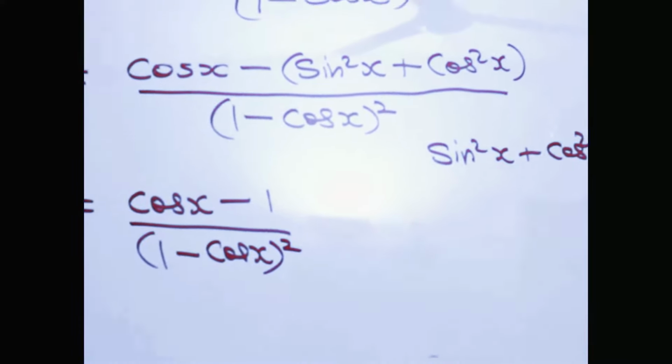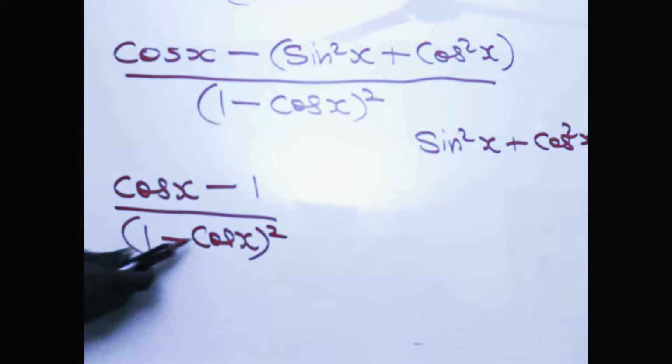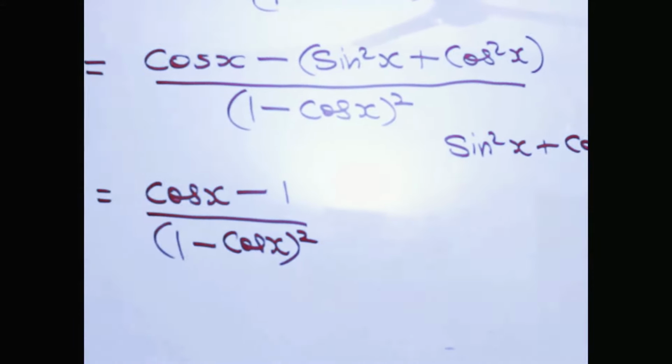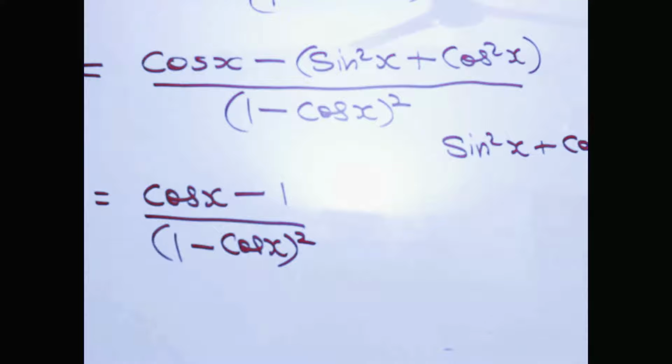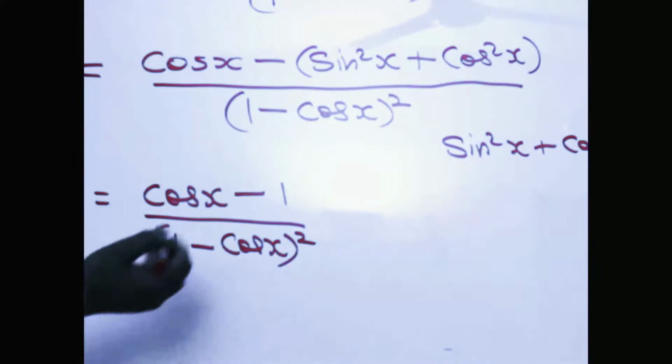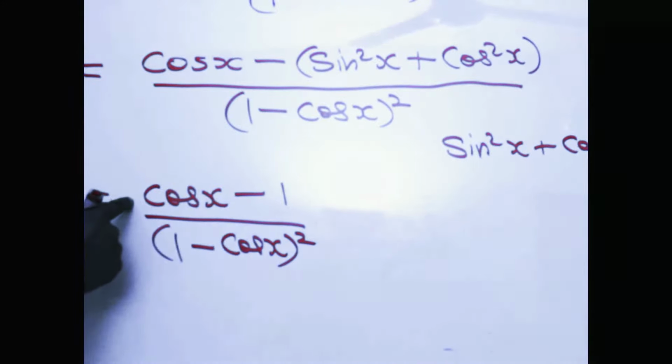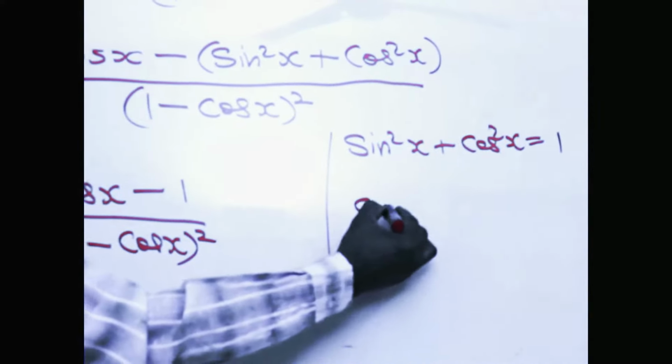Now the numerator and denominator are not the same, so we have to make them similar by multiplying by a minus sign. We know the rule a minus b equals minus of b minus a.